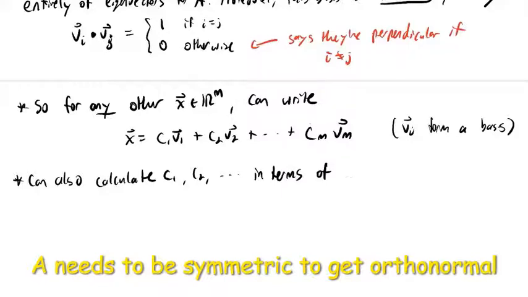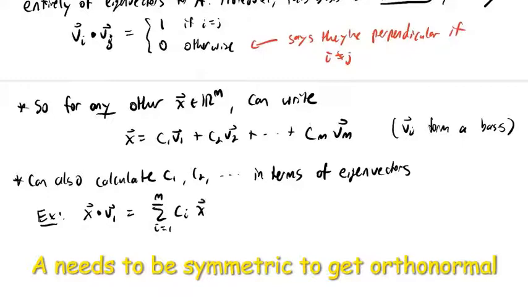In terms of the eigenvectors, in particular, notice that if I take the dot product of my vector x with v1, that's going to be the sum from i equals 1 to m of ci times vi dot v1, using linearity of the dot product.